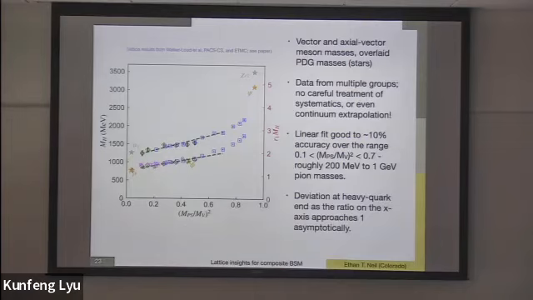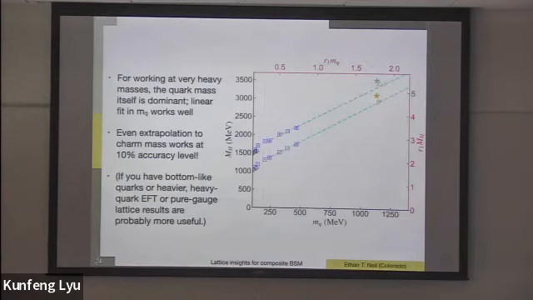If you're at really heavy quark masses, then the more natural thing to plot on the horizontal axis is just the heavy quark mass. And if you do that, when you're extrapolating, you do pretty well again. At the 10% level, none of these simulations were anywhere near the charm mass, but you can just do a simple linear extrapolation and you get it.